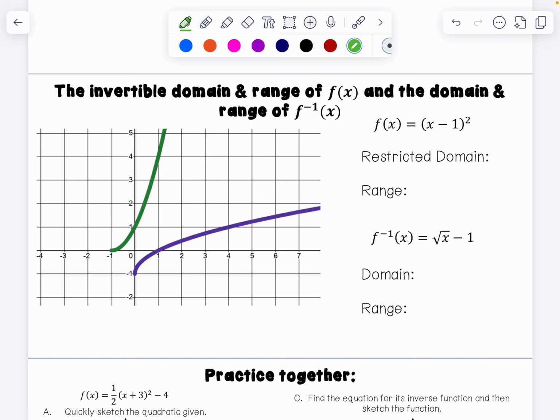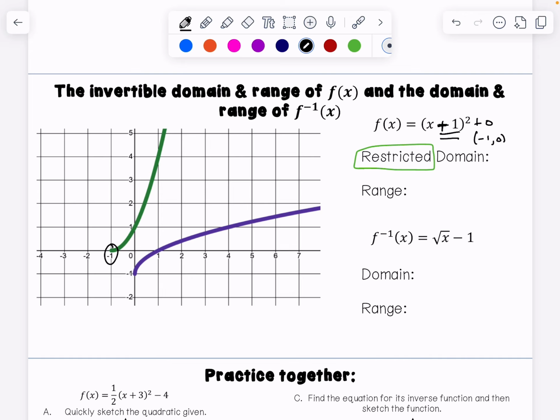So my restricted domain, after I cut this half off, the domain that I have left now starts at where the vertex was. And I can see from here, oops, that is a typo in my PowerPoint. This was x plus 1 squared. I can see here that my vertex is at -1, 0, because I actually have a plus 0 hanging out on the other side.